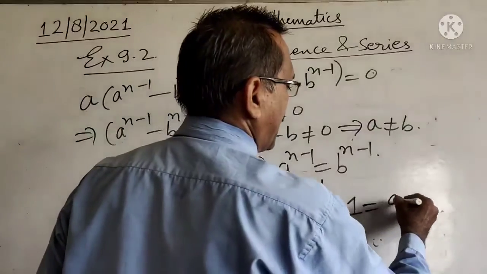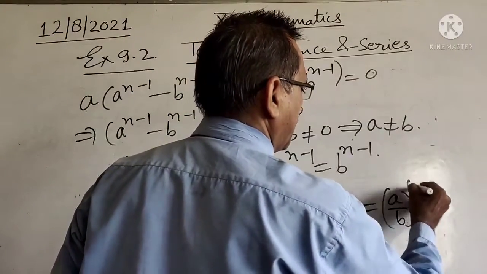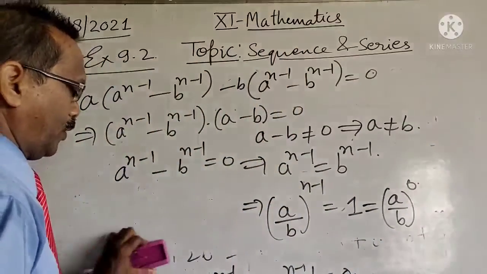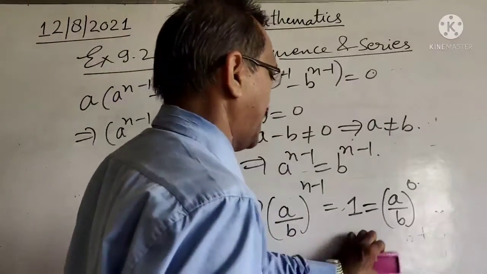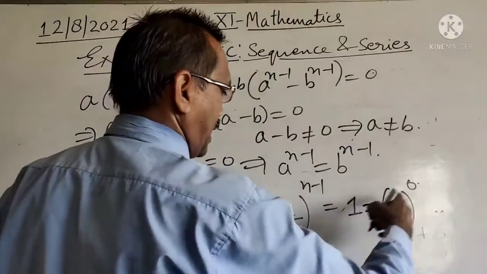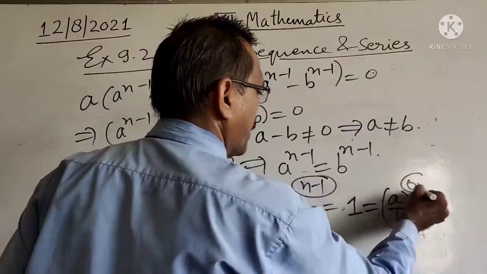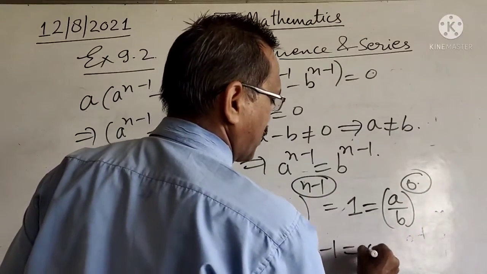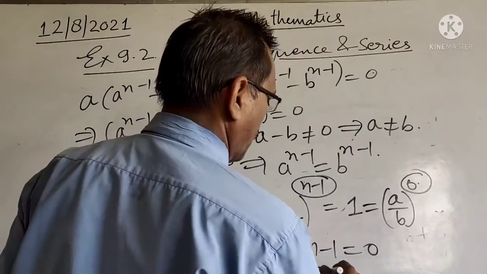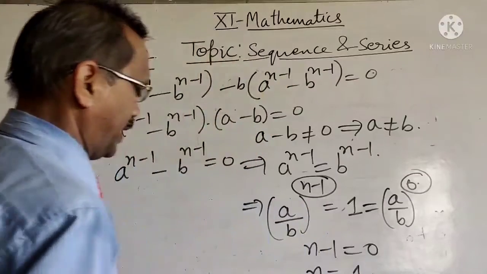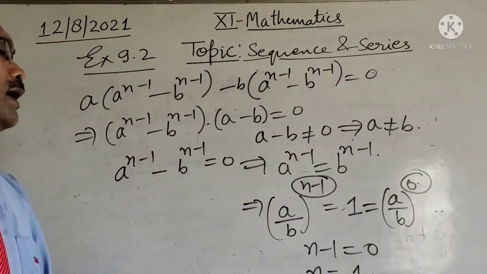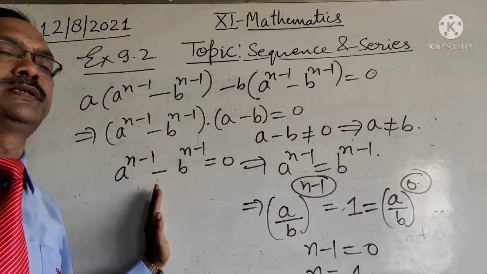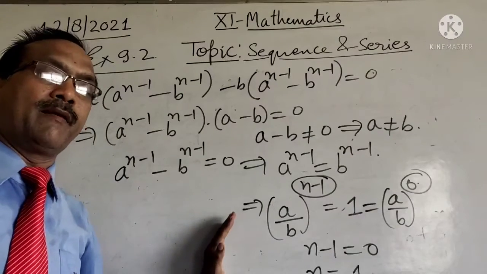And this can be written as (a upon b) whole power 0. Now, comparing both the powers, we will get n minus 1 equal to 0 and n equal to 1. This way, the given expression becomes an arithmetic mean when n equal to 1.